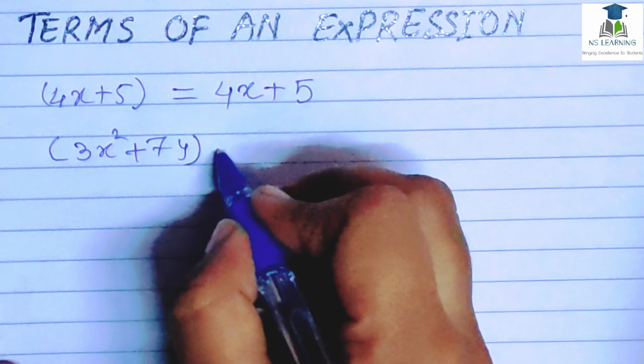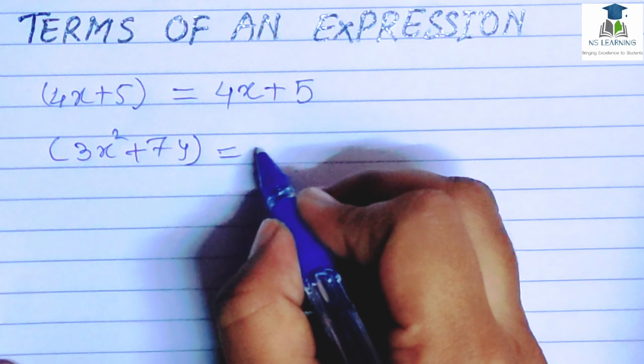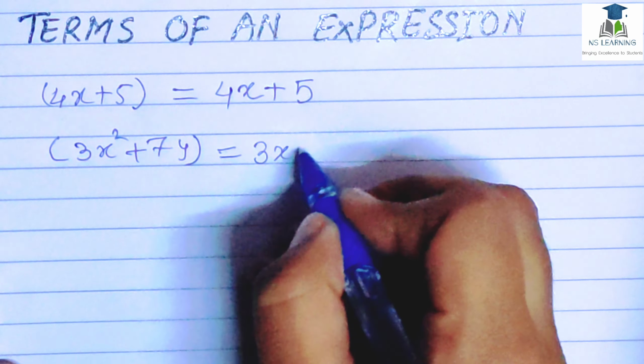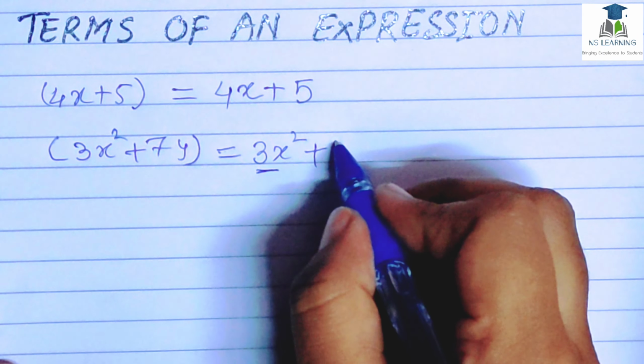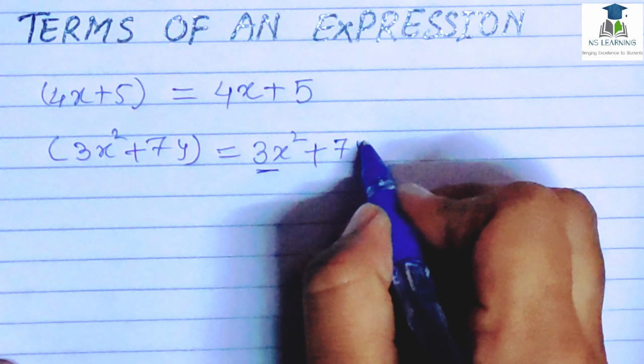Separately, we first form the first term, that is 3x square, then the other term, 7y.